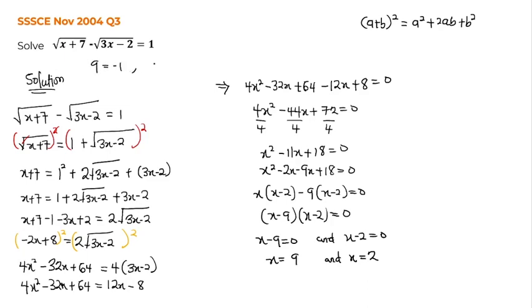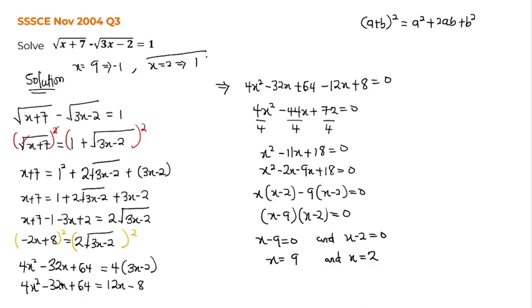If we substitute x is equal to 2, it will give us, so we have root 2 plus 7 minus 3 into bracket 2 minus 2 will give me positive 1.